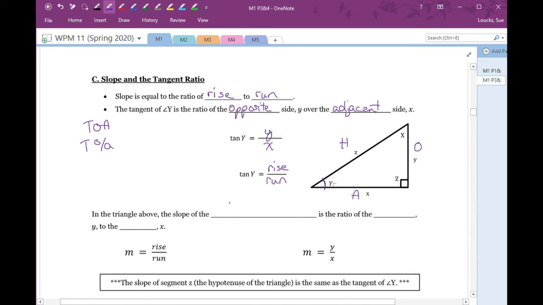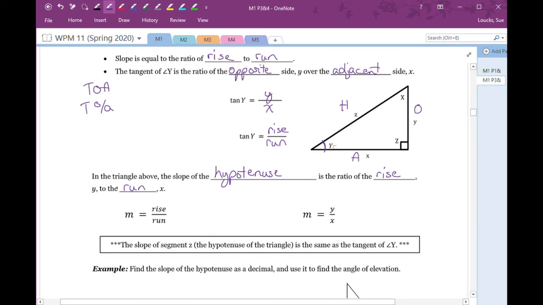So in the triangle above, the slope of the hypotenuse is the ratio of the rise, y, to the run, x. And the slope of segment z, the hypotenuse of the triangle, is the same as the tangent of angle y, which I didn't know until I started teaching AW11 math, which is crazy.